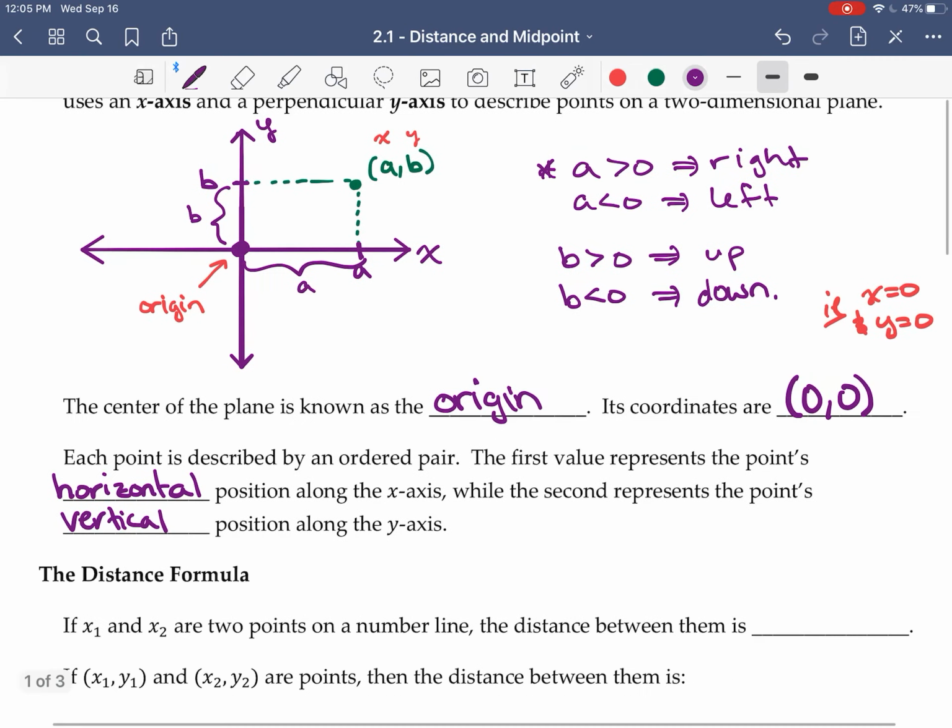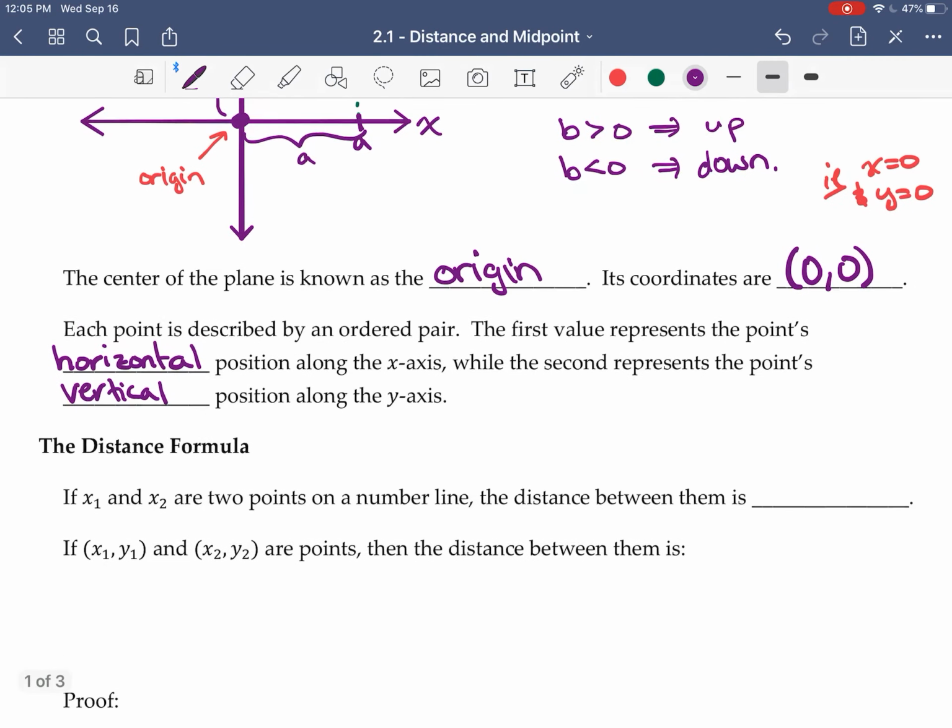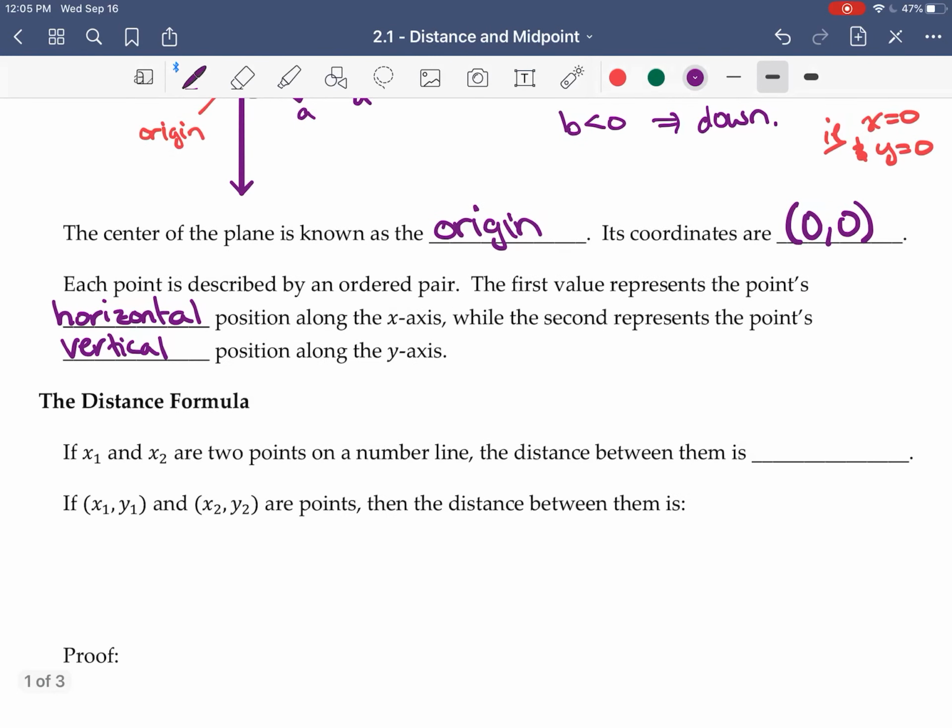So when you're talking about distance between 2 points, if you're on a number line, let's say I have a number line and I have x1 and x2 on here. If I want the distance between them, I've labeled it so that x2 is the bigger one on the number line, but we don't know.